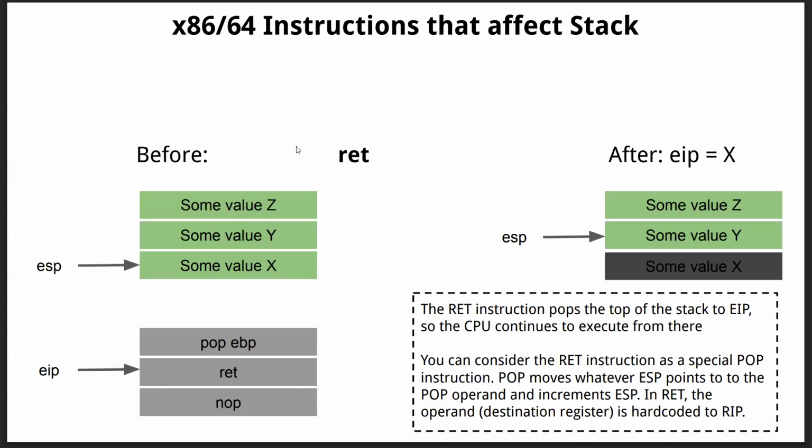Also, the return instruction will use the value stored there as well. Not only the register, but also the value stored there. And this value is supposed to be stored there by a previous call instruction, as you can imagine.